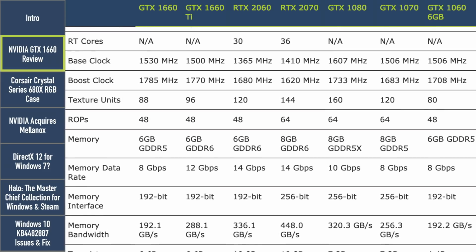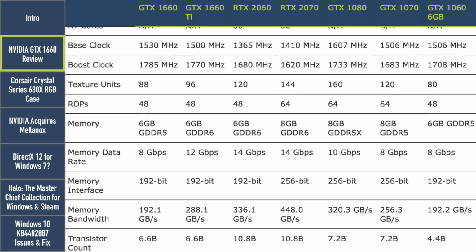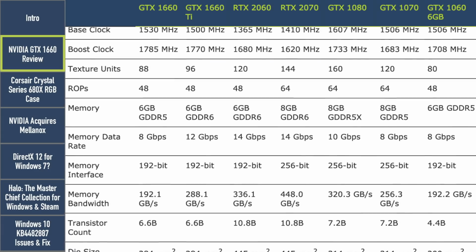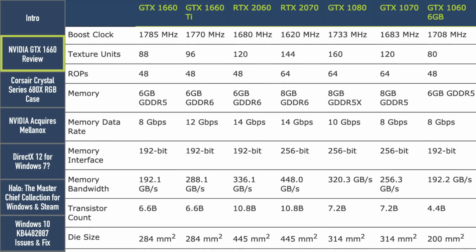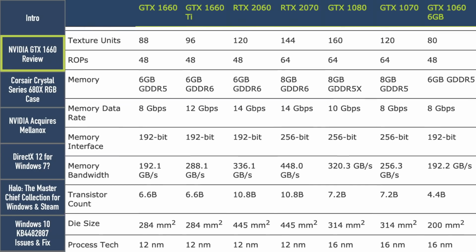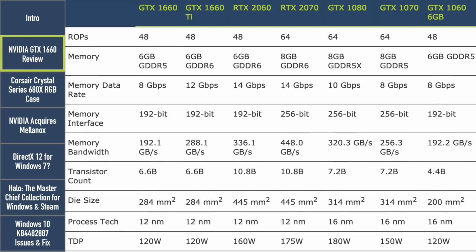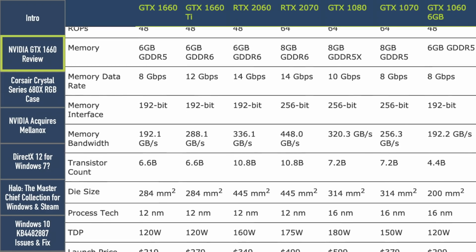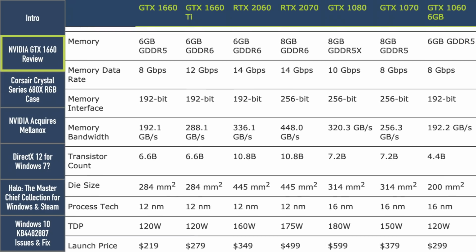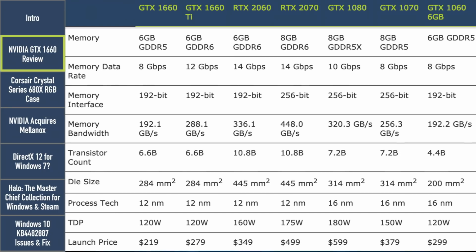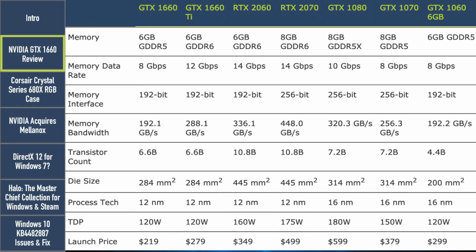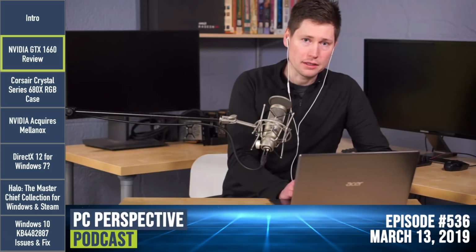But the big difference is that though it's still a 6 gigabyte card, and this is another one of those add-in board only launches where it's just partner cards, there's no reference card, it's GDDR5 memory instead of GDDR6. So the memory bandwidth is lower, and the total amount of VRAM is the same as the GTX 1060 6GB.